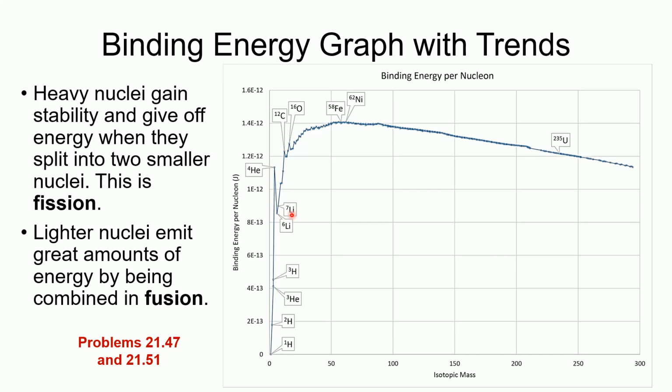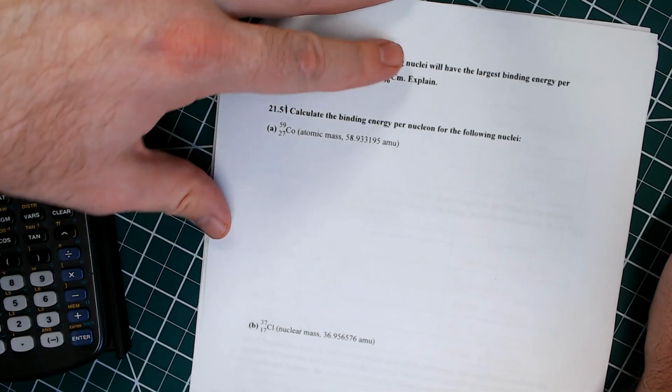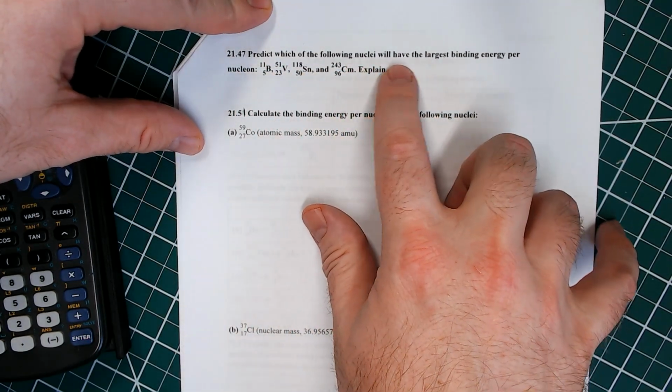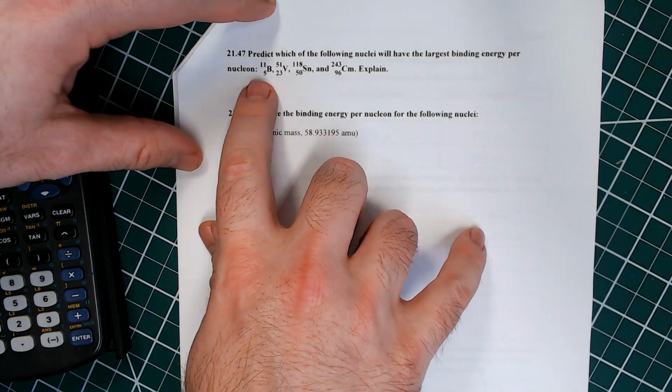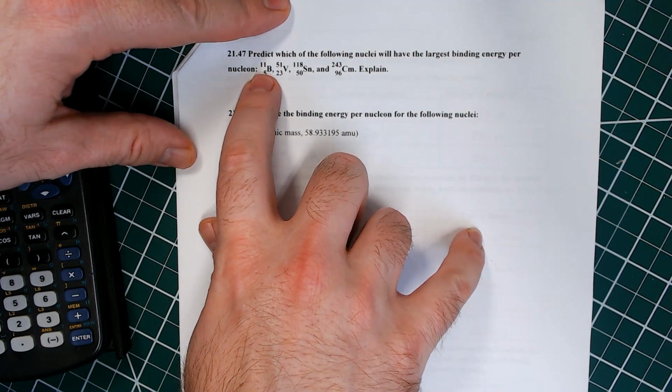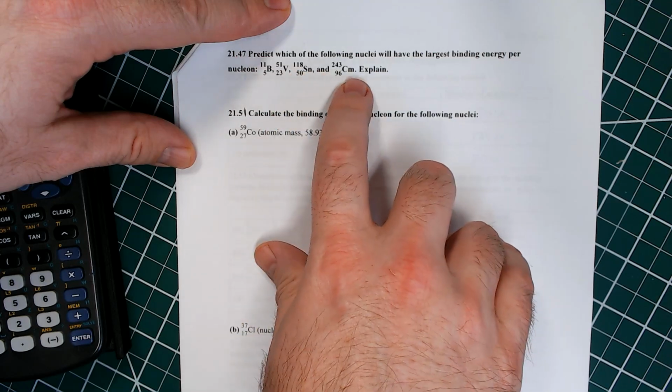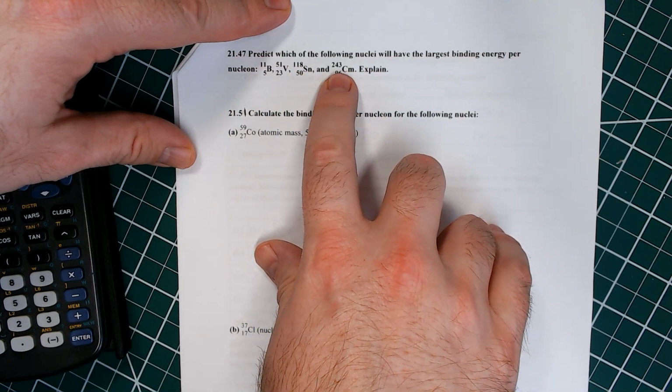So we're going to look at numbers 47 and 51 on the in-class assignment. So 47. Predict which of the following nuclei will have the largest binding energy per nucleon. We've got boron 11, vanadium 51, tin 118, and curium 243.